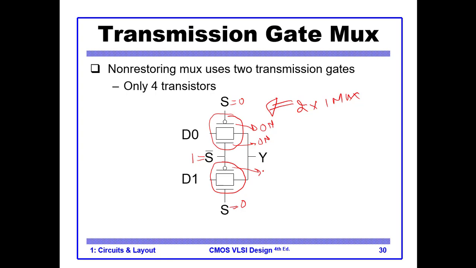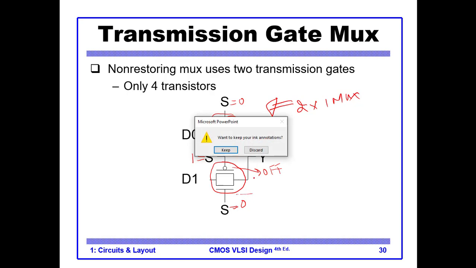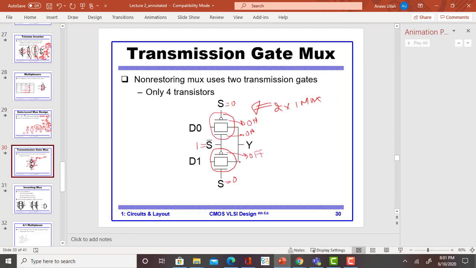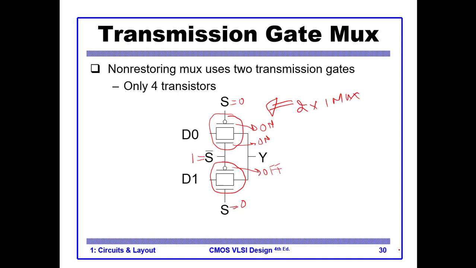This transistor is off, and this transistor and this transistor are also off. In which case Y will be equal to D0.